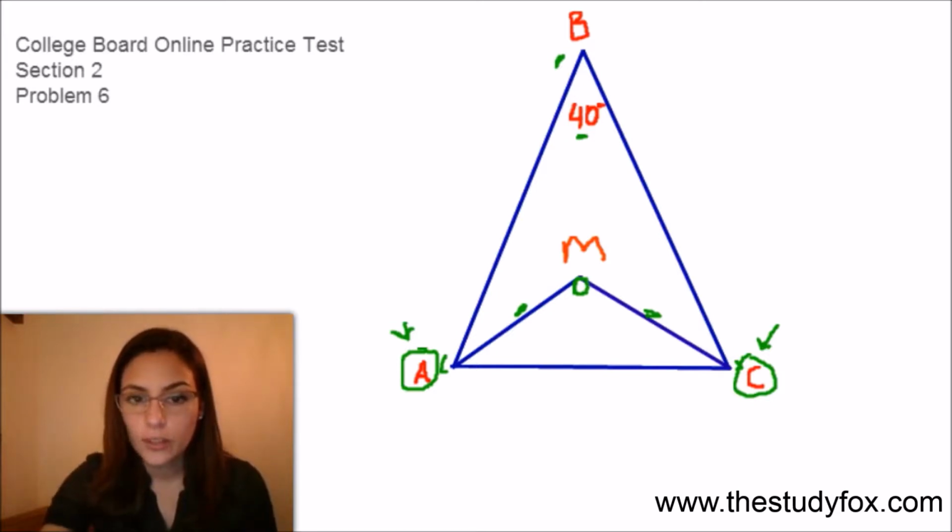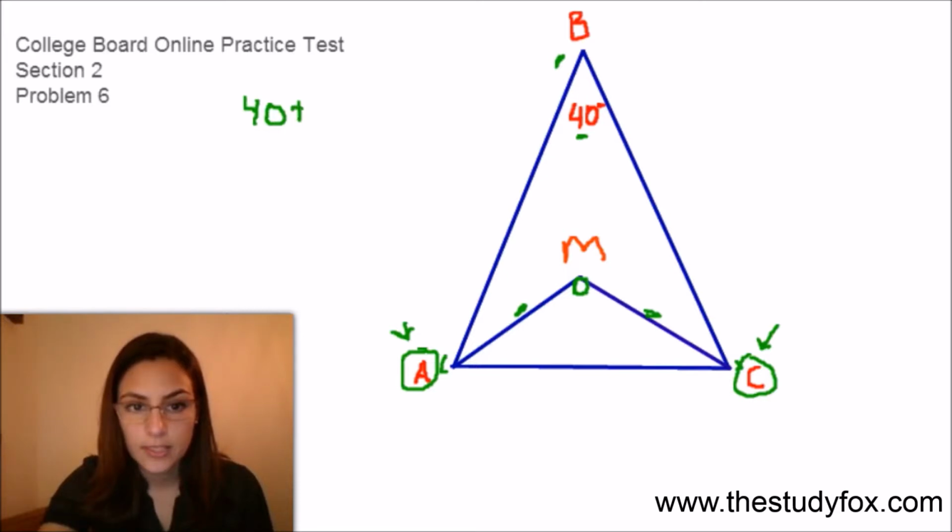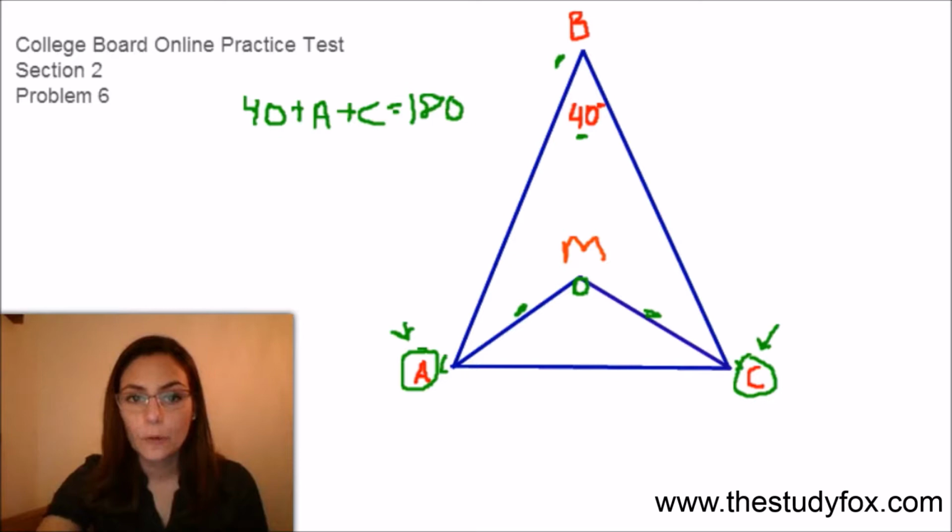So we can write down a quick equation with that. We have 40 degrees, which is angle B, plus A, which I'm writing to mean angle A, plus C, which is angle C, equals 180.